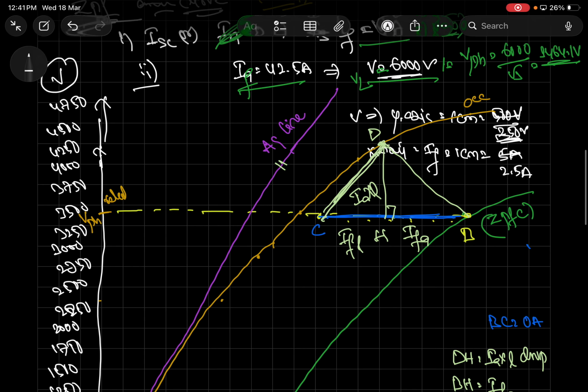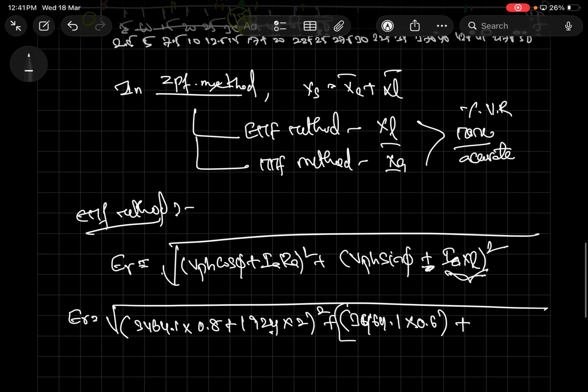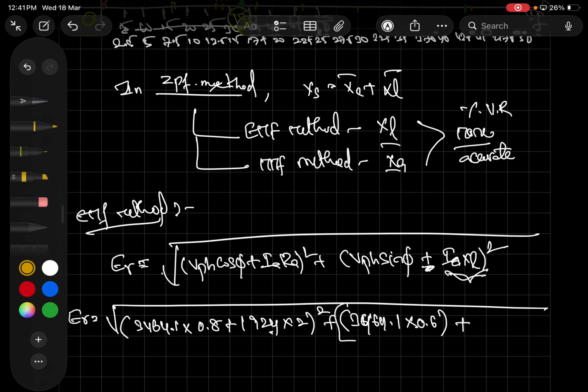3.5 centimeters into the scale, which is 250 volts. To measure this, I am writing separately: IAXL equal to 3.5 centimeters into 250 volts, so approximately 250 into 3.5, which is 875 volts.